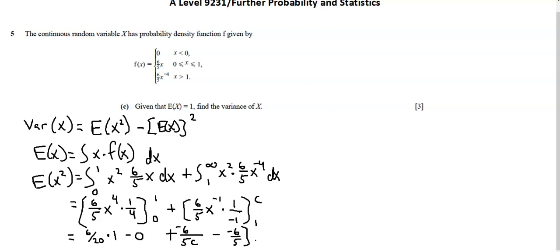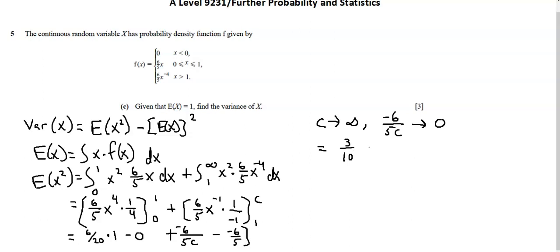over 5. Now I'm going to note that as c approaches infinity, the value of negative 6 over 5c approaches 0. Now continuing with my simplification, I have 6 over 20 times 1 is 3 over 10 minus 0, which is out.